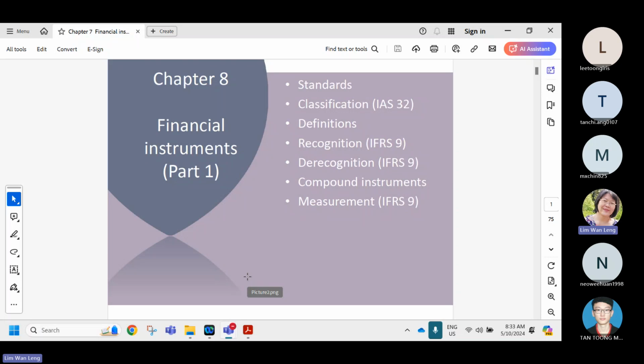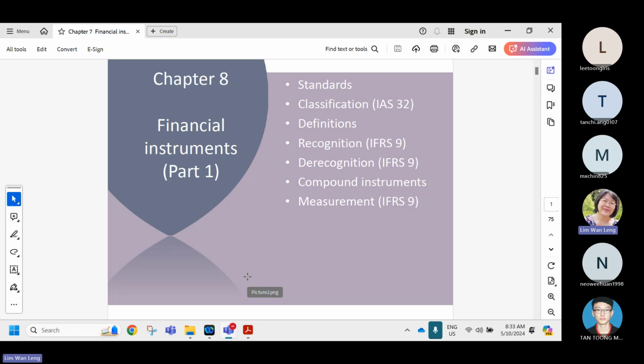Okay, so for financial instruments, most of the students, in your undergraduate studies as well, you will find that financial instrument is a standard that is quite abstract. You can learn the theory, but the practical part of it doesn't seem easy.